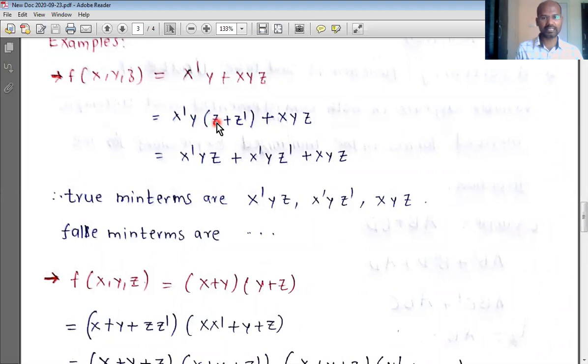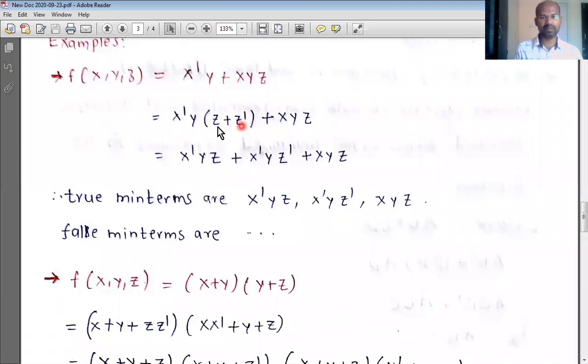Now what we can do is, for x bar y, the missing literal is z, so we write z plus z bar.